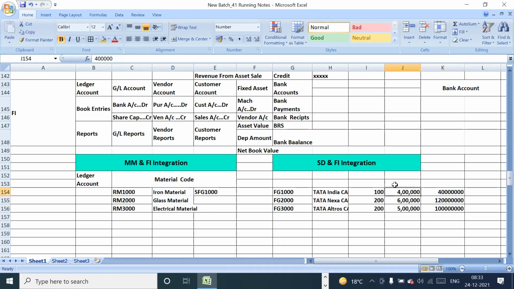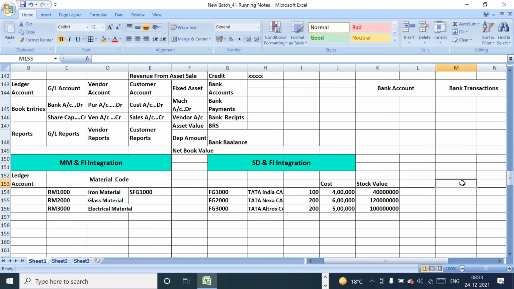Then assume that this is my manufacturing cost of the car. This is the stock value for 100 cars. And when I go to sell to a customer, how much can we sell for?